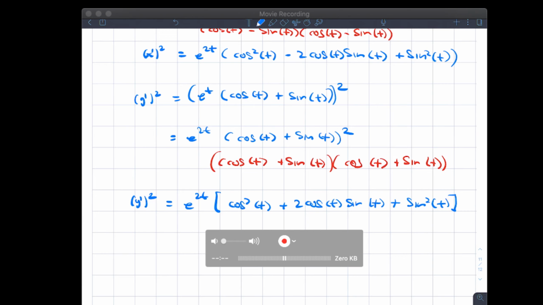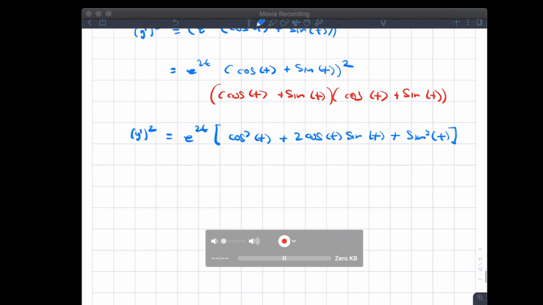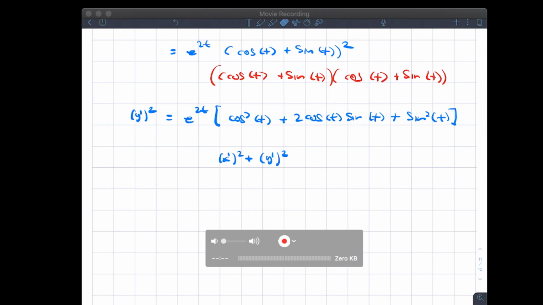Now, here's what's going to happen. I'm going to do some algebra here. I'm going to take this x prime squared plus y prime squared. Algebraically speaking, I'm not going to rewrite everything again. It's already there. We're kind of running out of space. But what I want to say here is, when you add these terms, let's do it right here. x prime squared plus y prime squared.